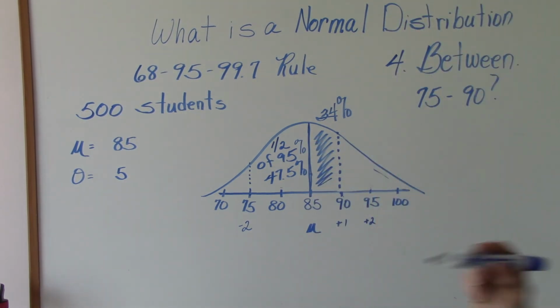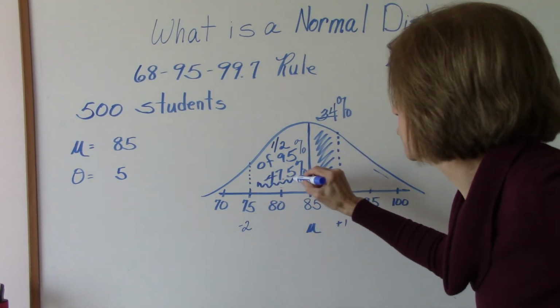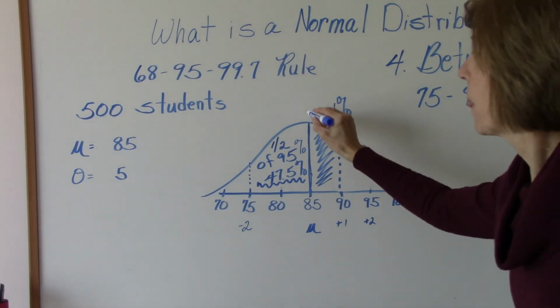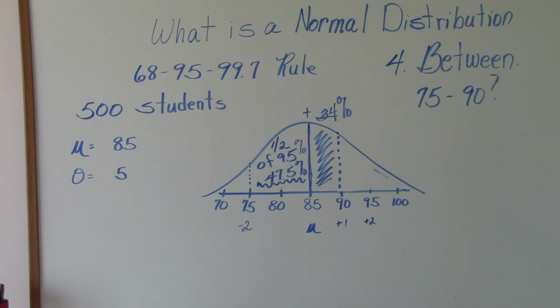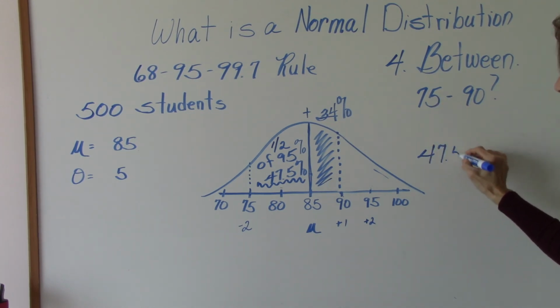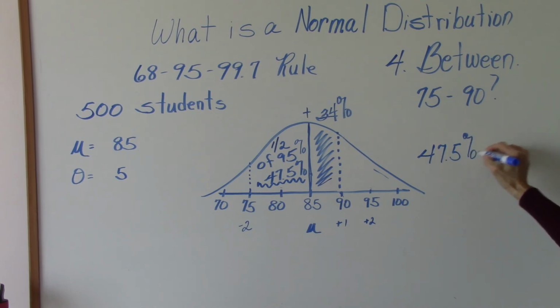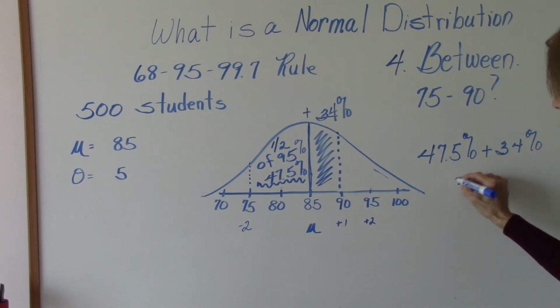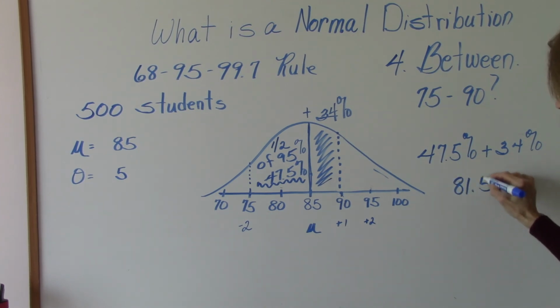So what I'm looking for is this 47.5% and that 34%. So I'm just going to say 47.5 plus 34%. We'll double check any arithmetic. 47.5 plus 34 gives us 81.5% of the data.